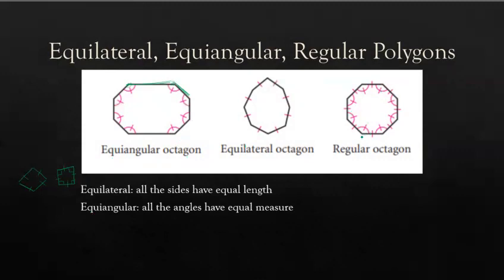What do you think a regular polygon is? A regular polygon is both equilateral and equiangular. That means that all sides are the same length and all angles have the same measure. So a square would be a regular polygon. So would this octagon.